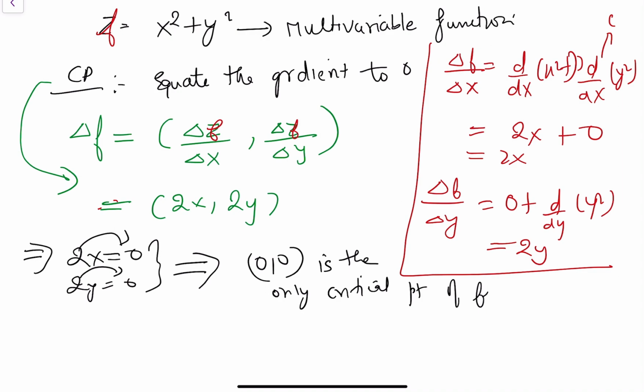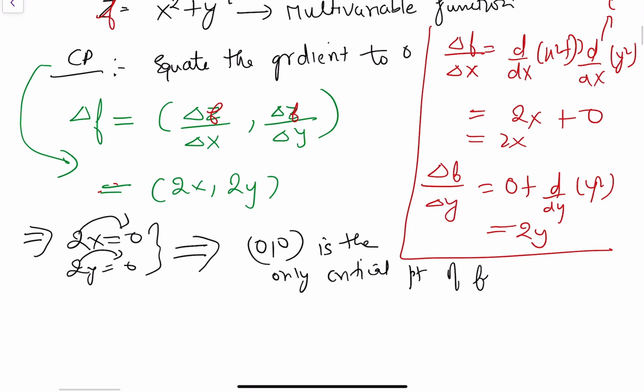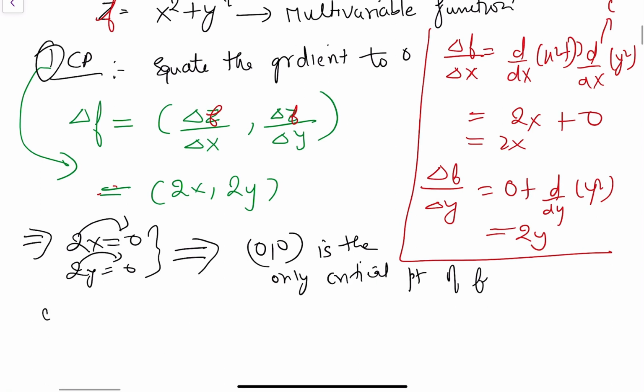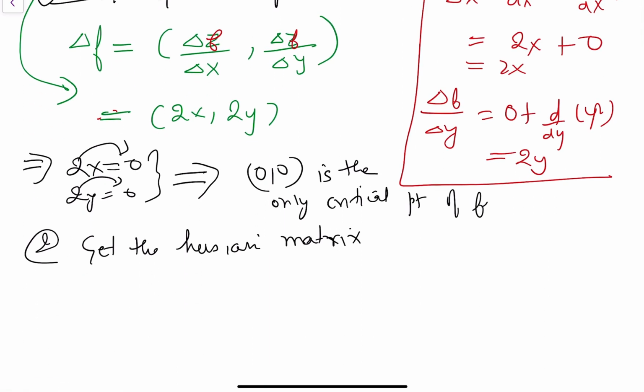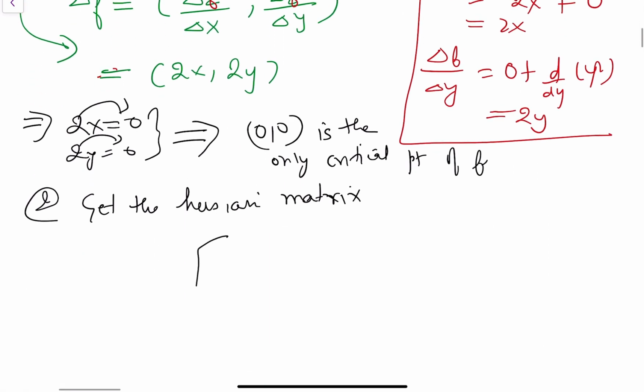Now what we have to do is get the Hessian matrix. So this was the first step, and the second step is to get the Hessian matrix. Recall, we have discussed it before in our theory lecture, that the Hessian matrix is the matrix which collects all second order partial derivatives.